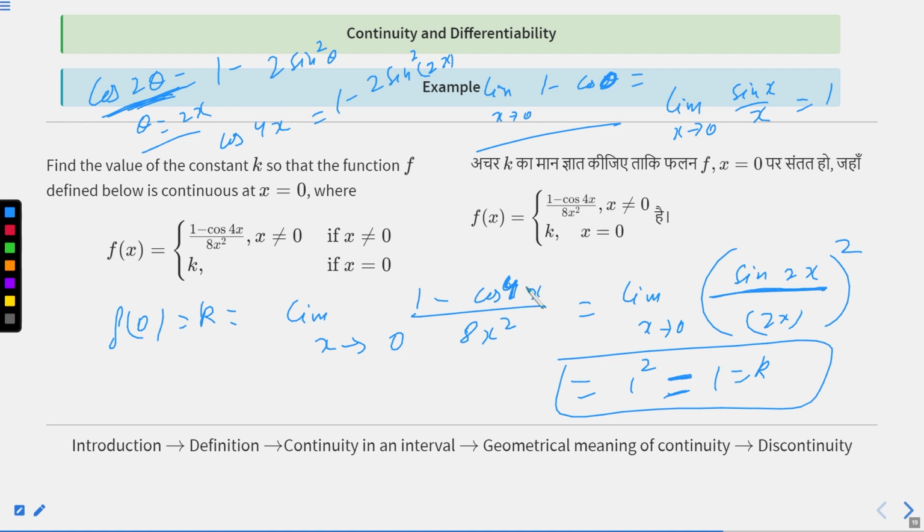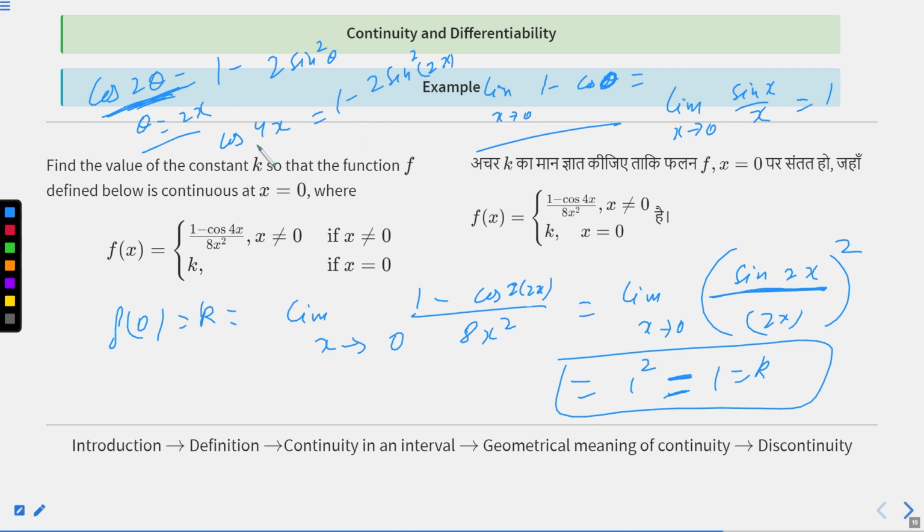We sorted things, as you can see. So let me just once again go through it. We used 1 minus cos 2 theta, where this will be just 2 times 2x. So we use this information, and this will be 2 sine square 2x.